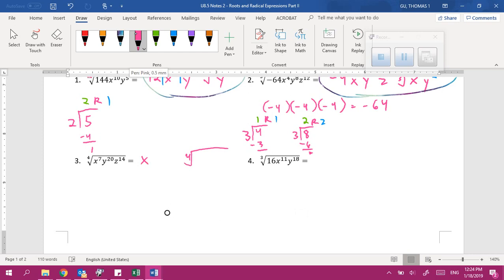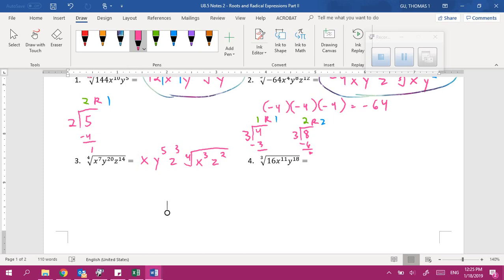X cubed on the inside, and then you put y to the 5th after the x. And then z cubed, and then z squared on the inside. And that is correct.